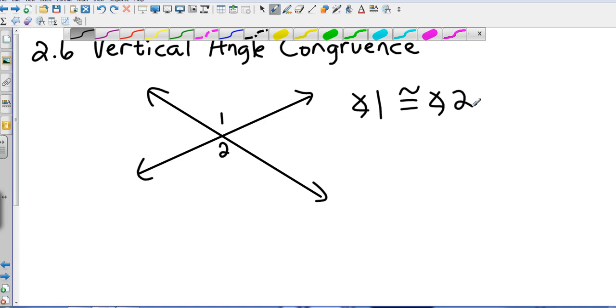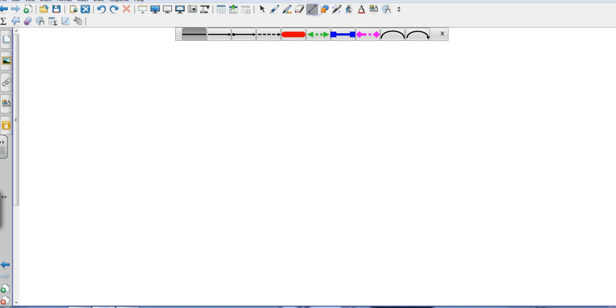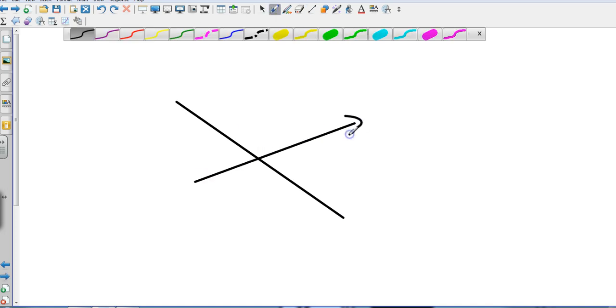So let's put it all together. Let's find some different examples we can use this for. Let's go with the vertical angles, and let's say that I have something that looks like this. And I have that one of these is 3x plus 1.